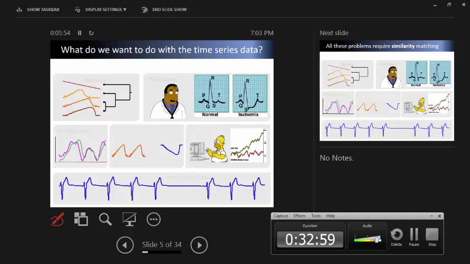Of course, when it comes to time series data, we will work in R. RStudio has very, very useful tools already built and available for you to use, rather than implementing on our own. So we're going to use it.